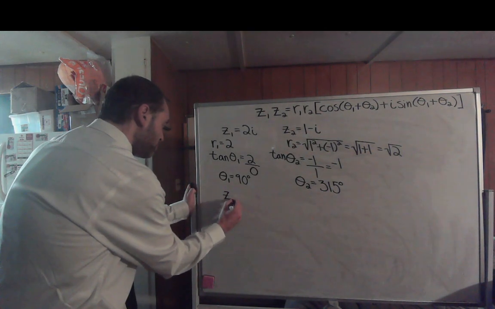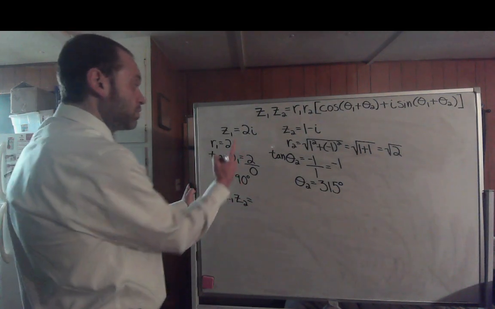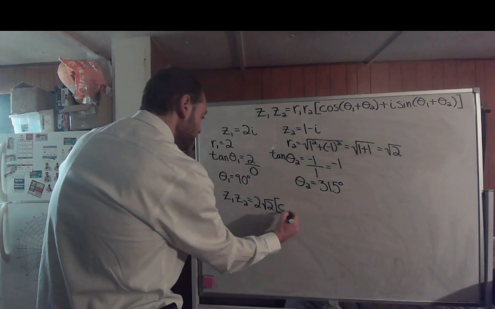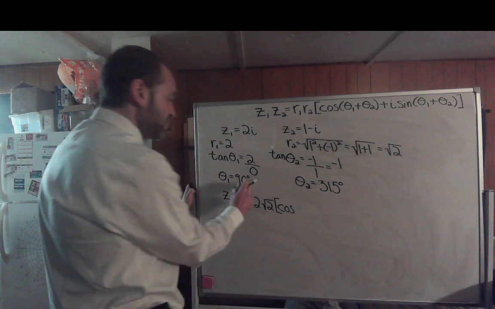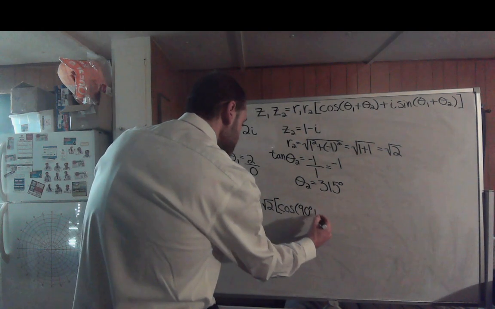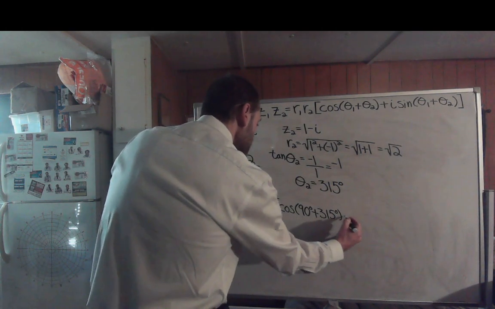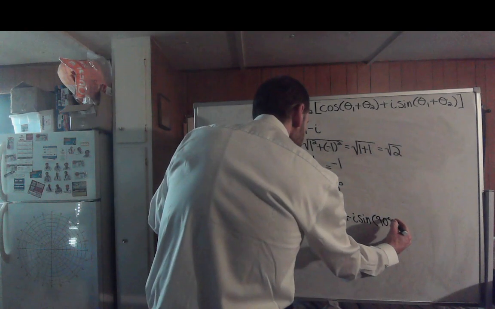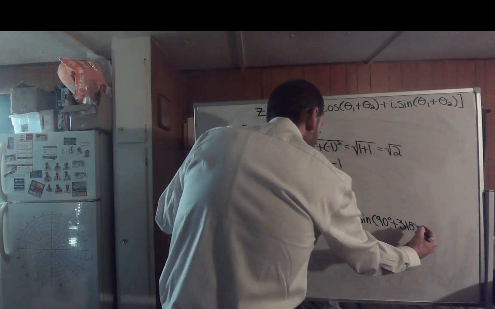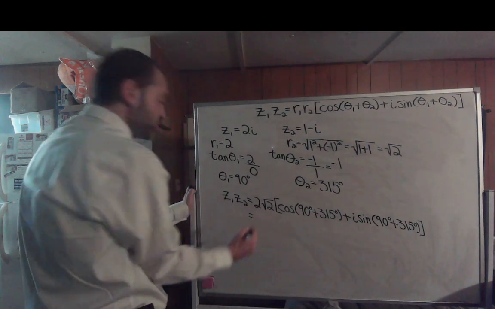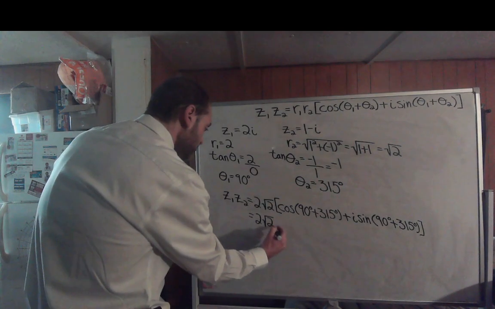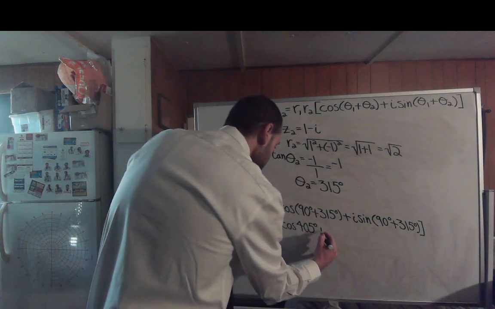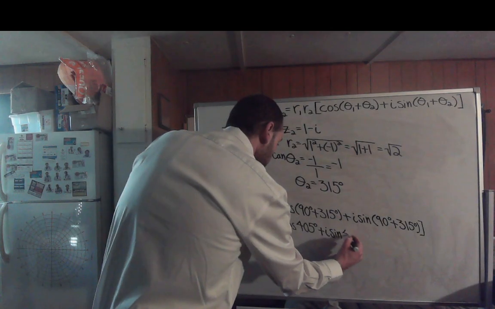So z sub 1 times z sub 2 is going to equal your r1, which is 2, times your r2, which is the square root of 2, times the quantity of the cosine of 90 degrees plus 315 degrees plus i times the sine of 90 degrees plus 315 degrees, which is going to end up equaling 2 times the square root of 2 times the cosine of 405 degrees plus i times the sine of 405 degrees.